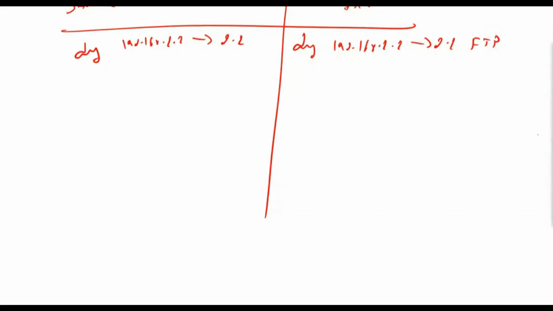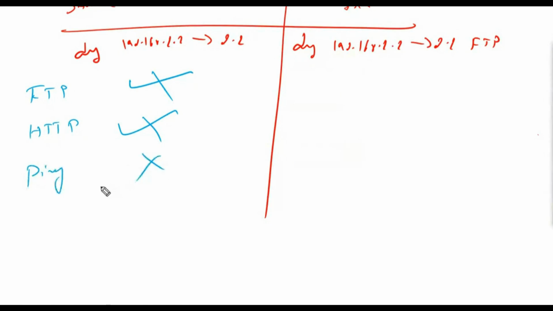Here, what will happen? In standard ACL, if you give deny, it is going to block FTP, and HTTP also. It is going to deny the ping, the telnet, and the SSH as well. But in extended ACL, I'm just giving FTP, so it is going to block only FTP.